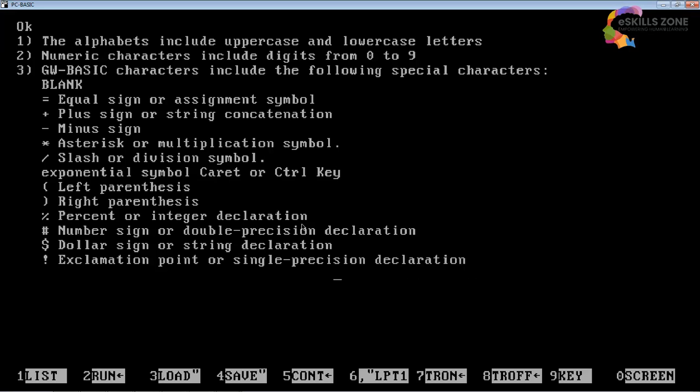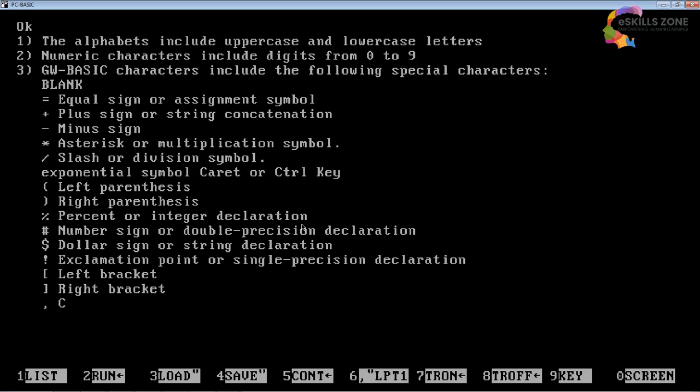The next one is this, called left bracket, and the next one is this, called right bracket. So it's very important to know the names of all these special characters because they have their own special functionality, and each special character is used to perform some special function.